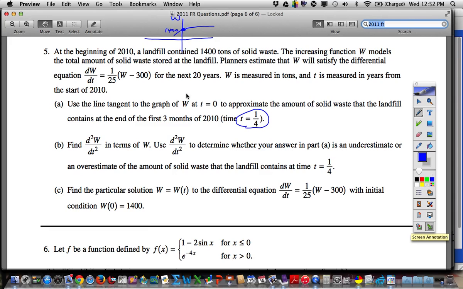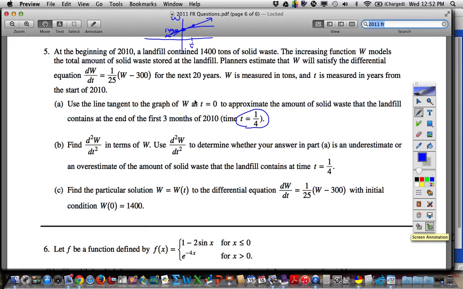But it says use the tangent line at that point. So here's the tangent line right there. Right? And it says at 1/4, that is 3 months, find the point on that line to approximate the amount of solid waste there.